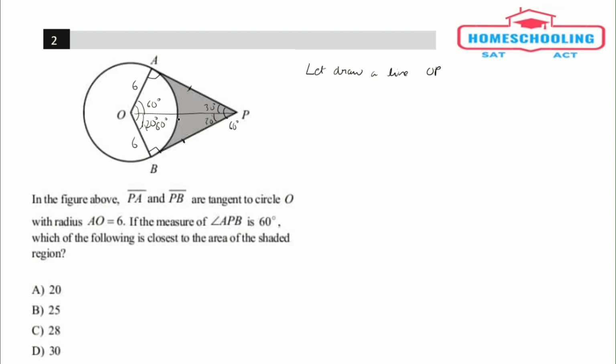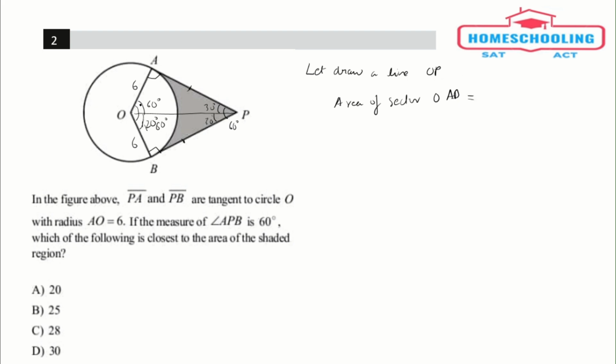Now from here we are going to find the area of the sector OAB. So we have to find the area of this whole sector. For that it would be theta by 360 into pi r square.